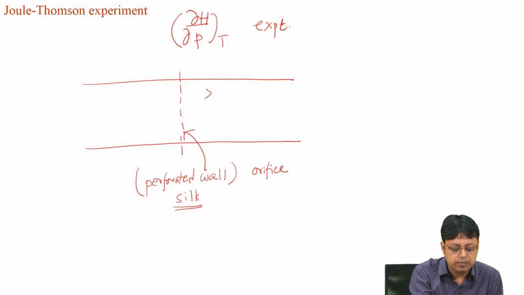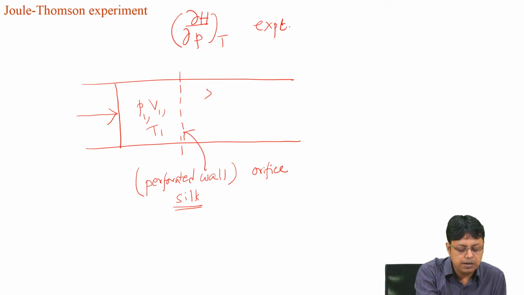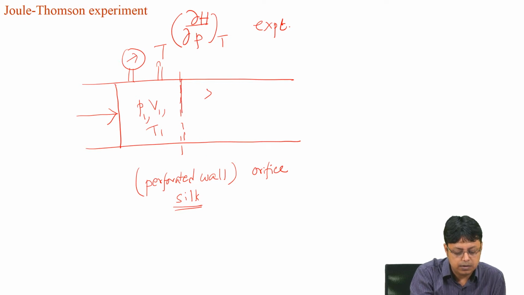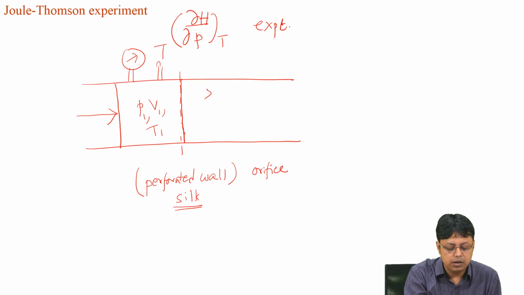Now, initially they put a piston here and they applied pressure on this piston. The pressure of the gas here was P1 and the volume was V1, and say the temperature was T1. The pressure and the temperature were simultaneously measured by a pressure gauge and a thermometer. Similarly, on the other side, initially the piston was kept here, very close to the wall.